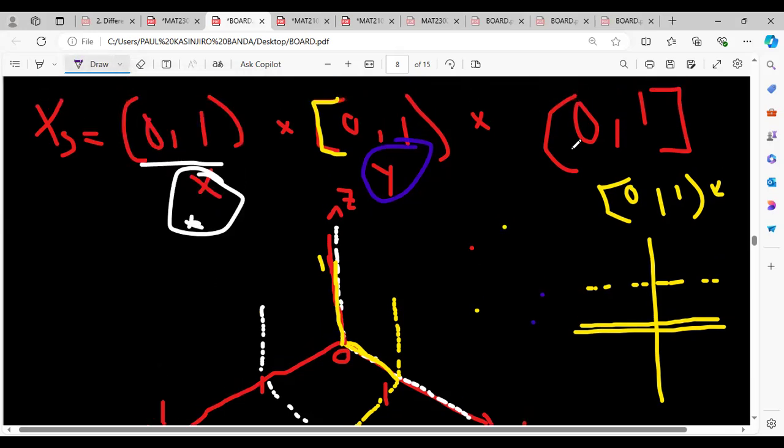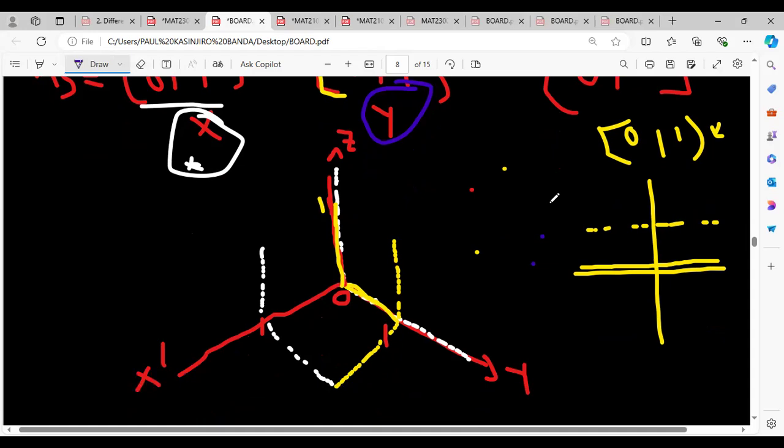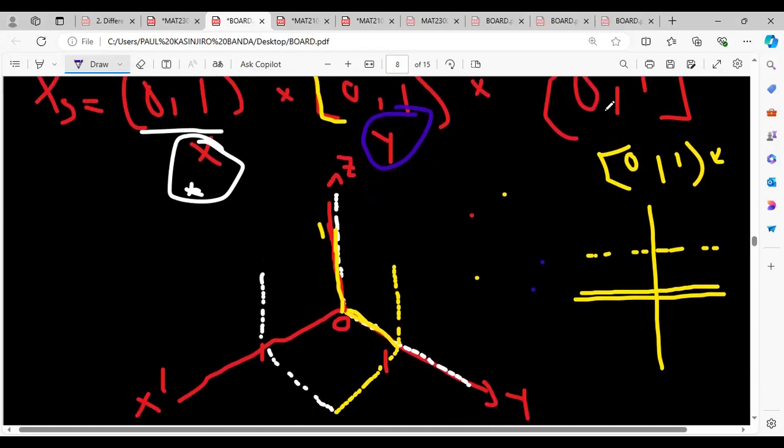For Z, we have an open bracket at 0 and a closed bracket at 1, meaning we have a dotted line at 0 and a solid line at 1. I'm using blue now. So let's go at 0 and draw a line that is parallel to the X and parallel to the Y. Parallel to the X, if I'm using my Z, which line will be parallel to the X?